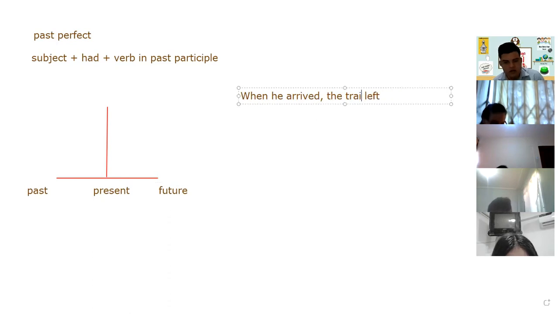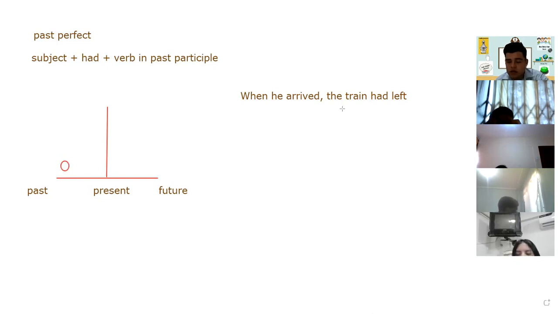Without this word, had, these two actions, okay, happen at the same time, okay? But if we add this word, had, one action occurs or happens before another action. For example, when he arrived, this is the action in the past.